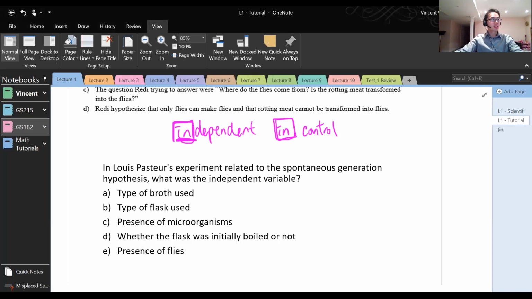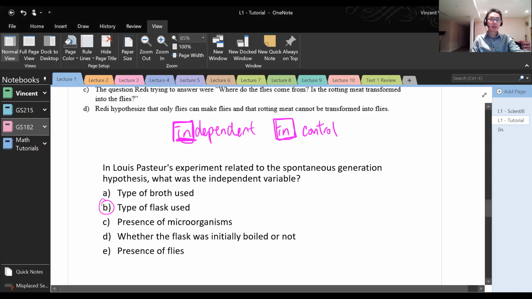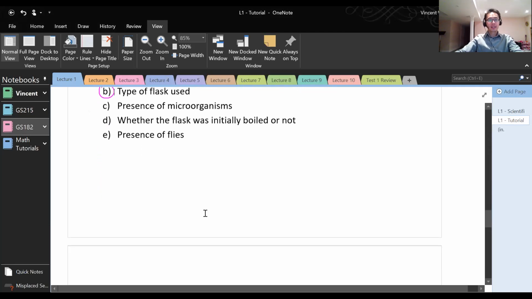Right, just a couple more seconds. You should spend no more than 2 minutes on each question on the quiz. That way you can make sure you have adequate time. Okay, very good. Most people got it right. The independent variable is the type of flask being used, with the open top or the swan neck.